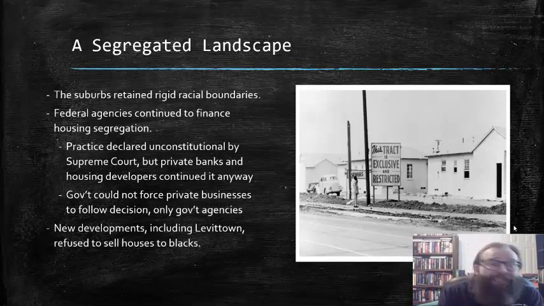So therefore, legally, there was not much the government could do about this private practice of segregation. New developments, including the Levittown development, that first big suburban development that occurred in Long Island, New York, refused to sell houses to African Americans, keeping these suburbs broadly white enclaves.